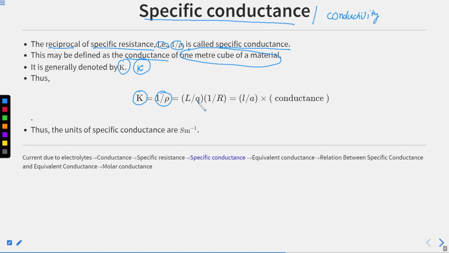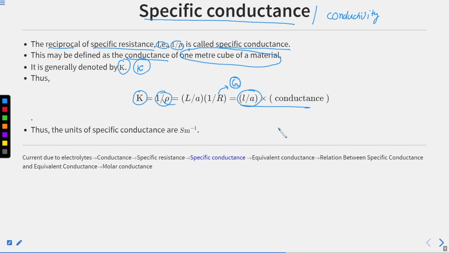And we know the formula of rho: rho is equal to R A by L. So if you take the inverse of this rho, it will be L by A multiplied by 1 by R. Or it can be written as L by A multiplied by conductance, because this 1 by R is nothing but our G. So the overall formula becomes L by A multiplied by conductance.